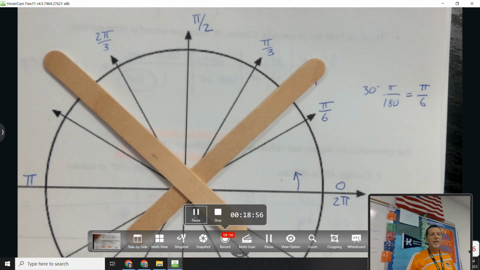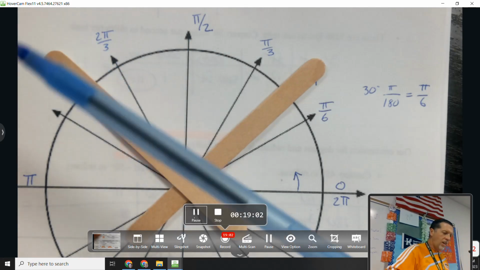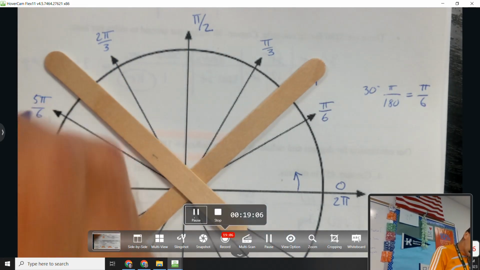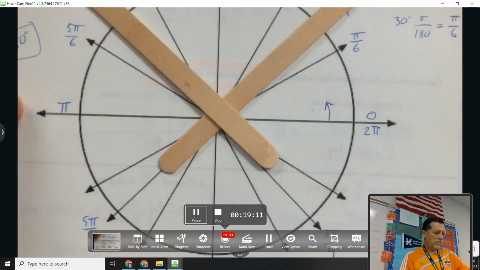I didn't lose my place, but I'm going to pretend I did so I can count again. 1 over 6, 2 over 6, 3 over 6, 4 over 6, 5 over 6, 6 over 6.